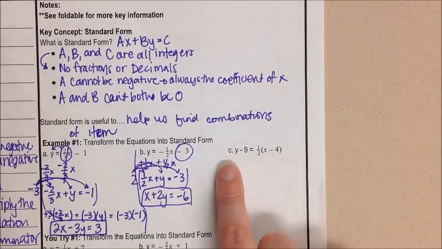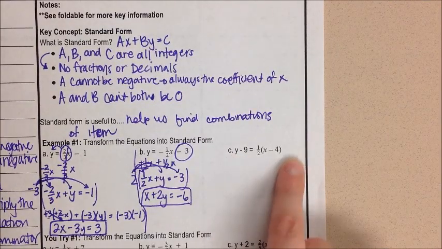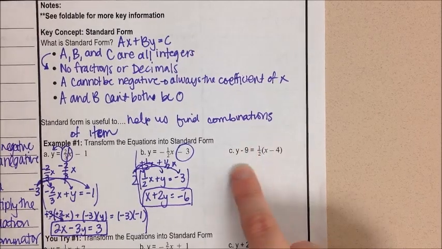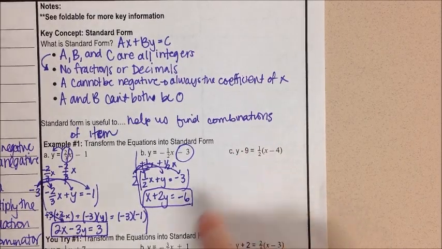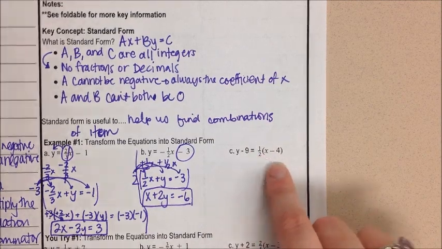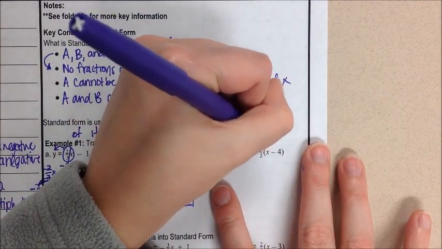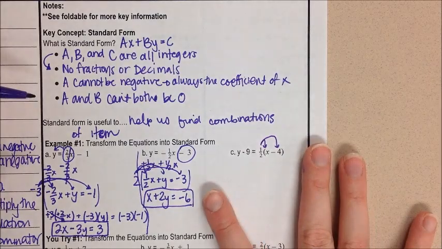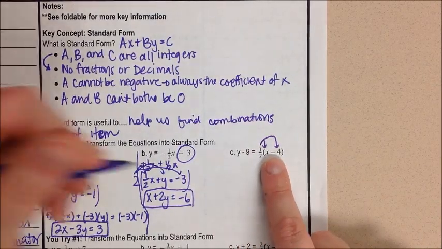Okay, and then you have something that's in point slope form. So we're going to first turn this into not necessarily slope intercept form, but I'm going to distribute this 1/2 to the x and the 4.